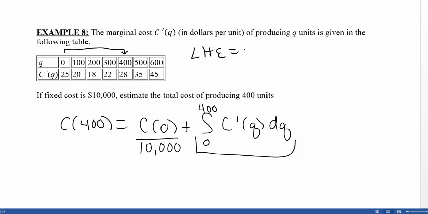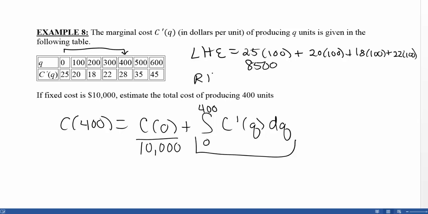So we're going to do rate, which is 25 times 100 for the first 100 units, plus 20 times 100 for the second 100 units, plus 18 times 100, plus finally 22 times 100. When we add those all up, we're going to get a left-hand estimate of 8,500.